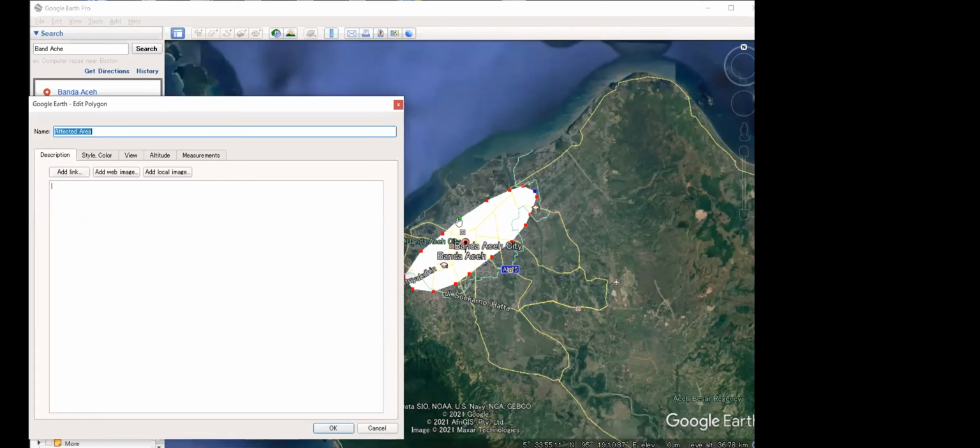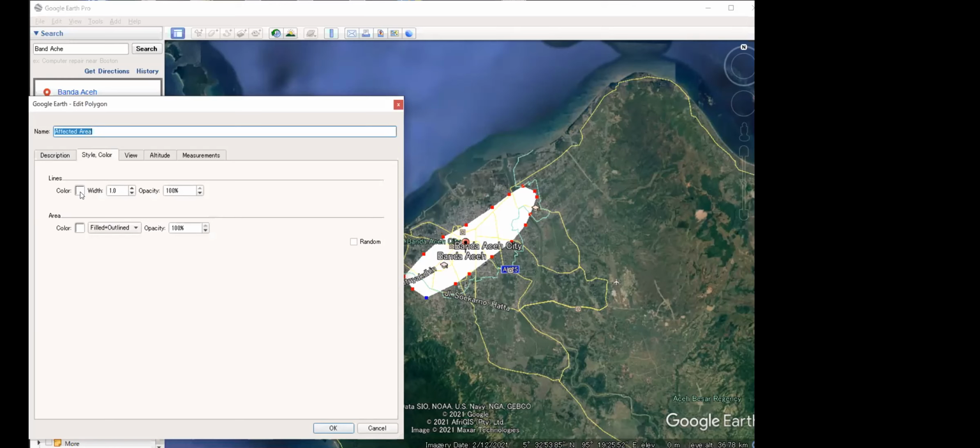Maybe you can see the red corner points, and each corner can move like this. And the color can be changed by the style color tab.